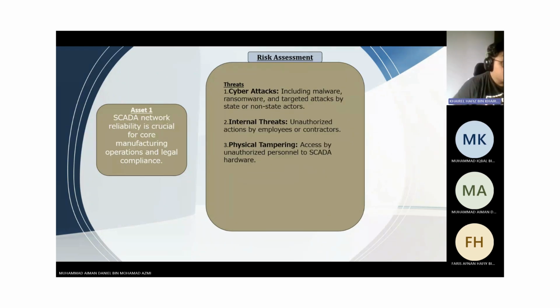Now we move on to the threats for this asset. One of the threats is cyber attacks, including malware, ransomware, and targeted attacks by state or non-state actors. Second is internal threats, unauthorized action by employees or contractors. And last is physical tampering, access by unauthorized personnel to SCADA hardware.